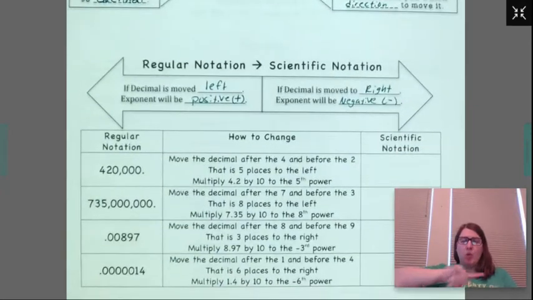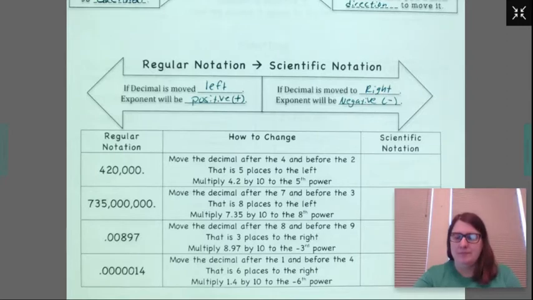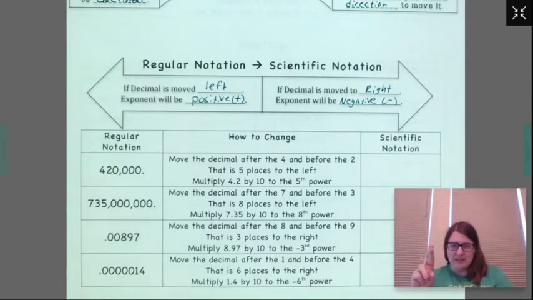Okay, so when we are going from regular notation to scientific notation, if the decimal is moved left, the exponent will be positive. If the decimal is moved to the right, then the exponent will be negative.